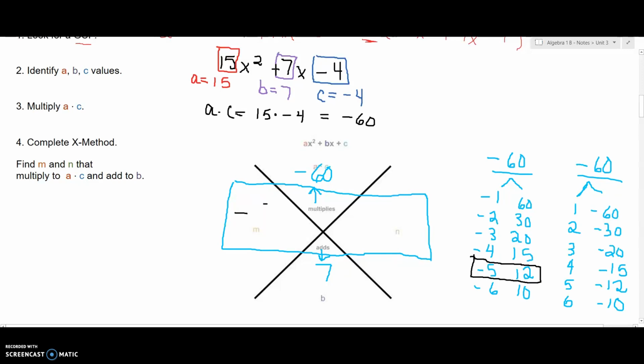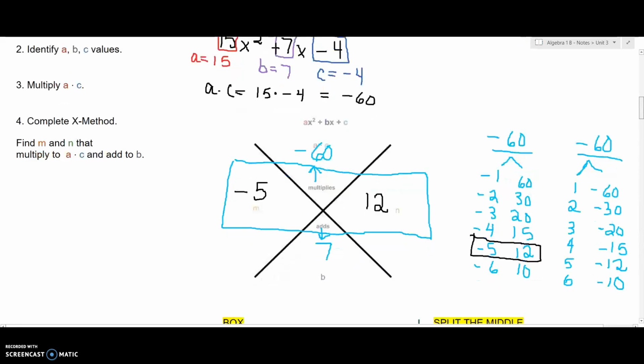So my M value can be negative 5, and my N value can be 12. Before, we were able to stop here and write our final answer. But because A does not equal 1 in this example, we have to take it one step further. And I have two different methods to show you today of how to take this one step further.